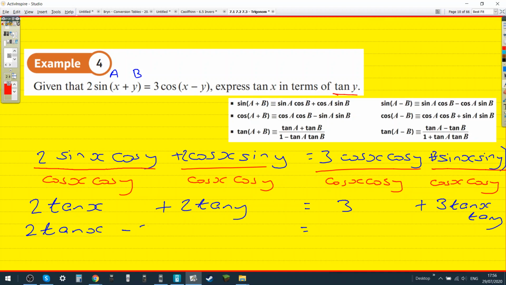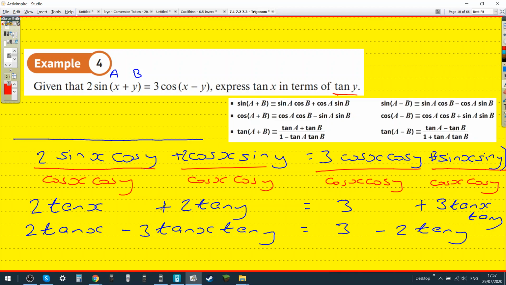Bring that one over. Problem is we have 2 tan x's. We want just one. So you're going to have to divide by tan y. Then this one would be over tan y.